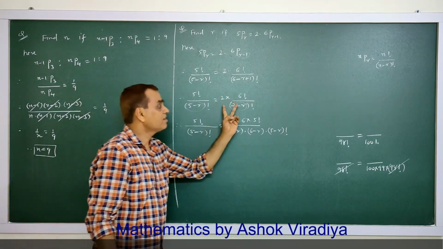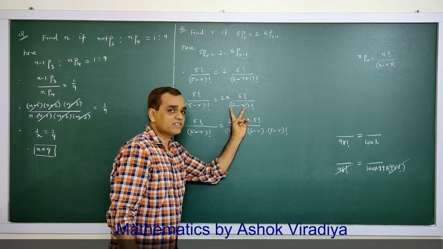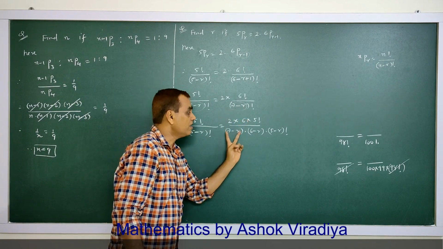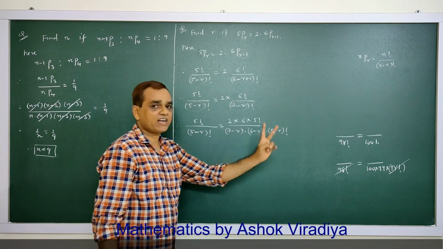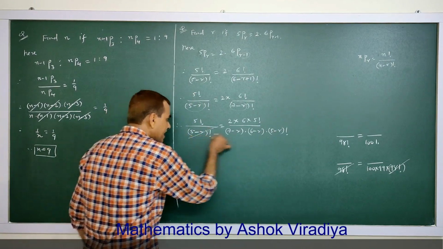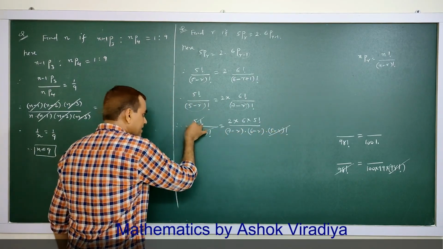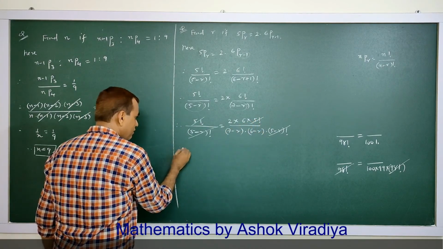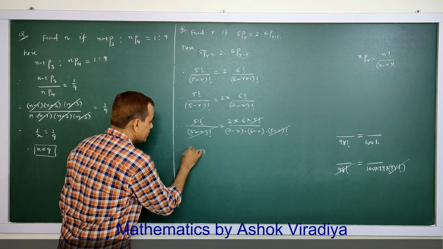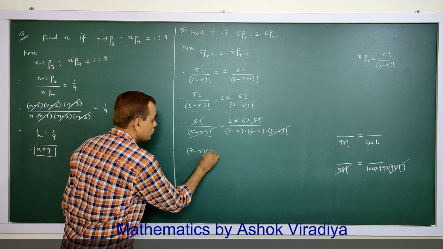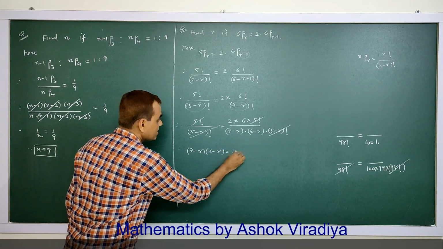Like if this is 100, I have done 100 into 99 into 98 factorial. So this 98 factorial can be cancelled. So now taking this number on this side, (7 minus r) into (6 minus r) is 12.